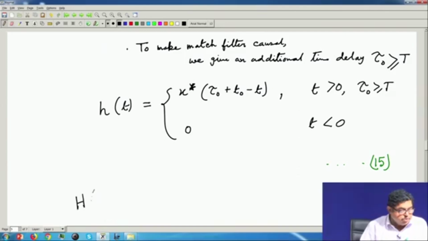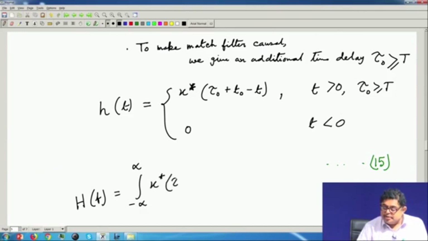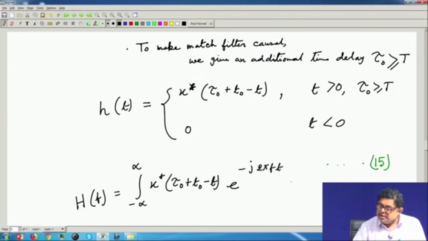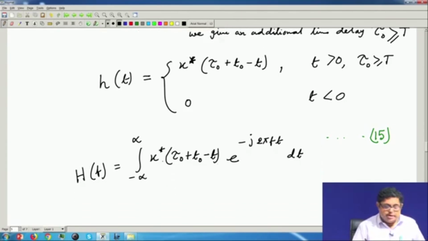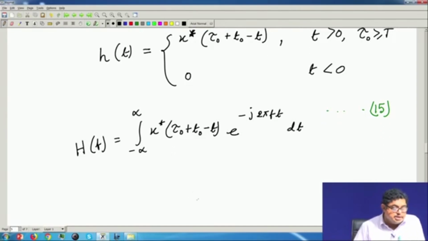And I can now find the transfer function for the matched filter. That transfer function will be H(f), the integral from minus infinity to infinity of x star (tau naught plus t naught minus t), then e to the power minus j 2 pi f t dt, the Fourier transform. And again you see that this x star is there.